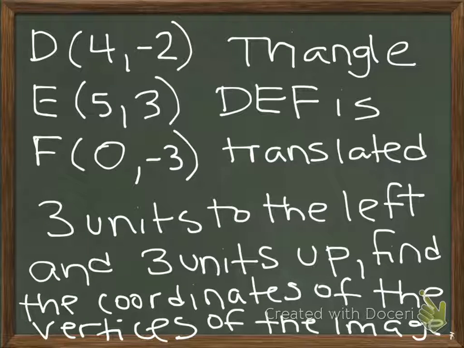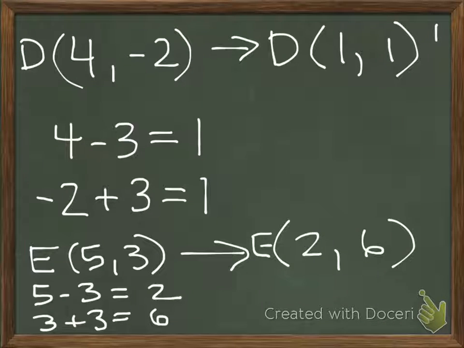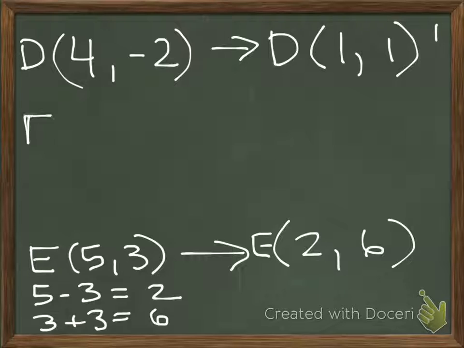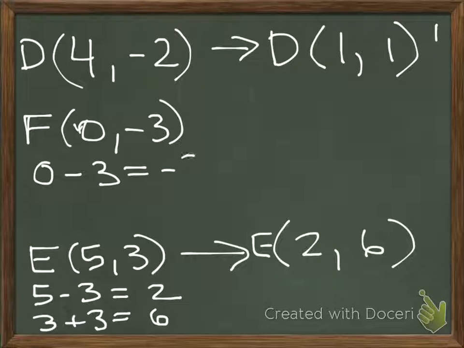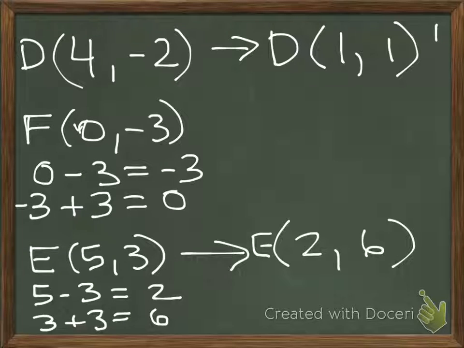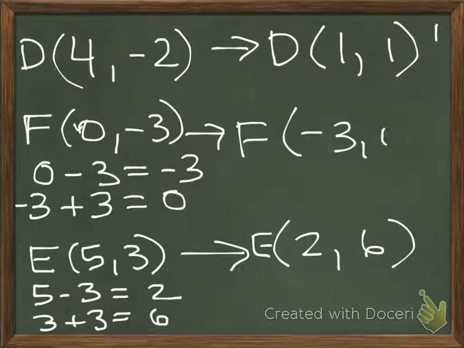And then one more for F. I'm going 3 units to the left, 3 units up, so 0, negative 3 was F. And that means I do 3 units to the left, which is subtracting 3 from 0 to get negative 3, and 3 units up means add 3 to the y-coordinate, which gives me 0. So my new F is going to be negative 3, 0.